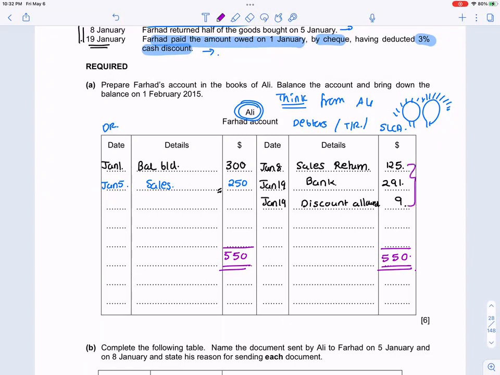What is the total of all this? 425. So that would be 125, that would be a balance carried down, and this would be a balance brought down. Which date? February 1st. Okay, fine.